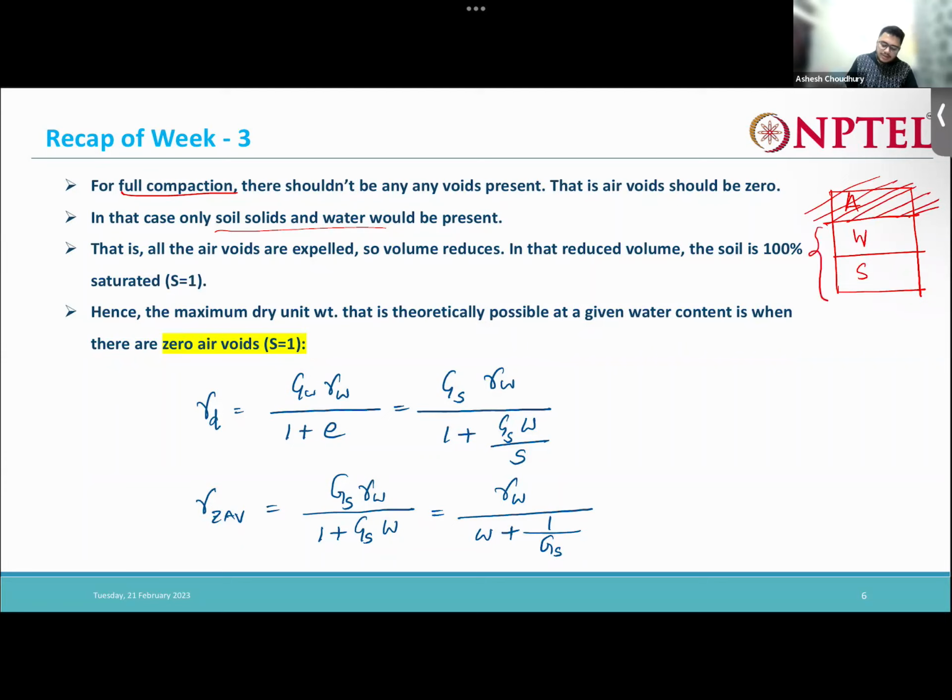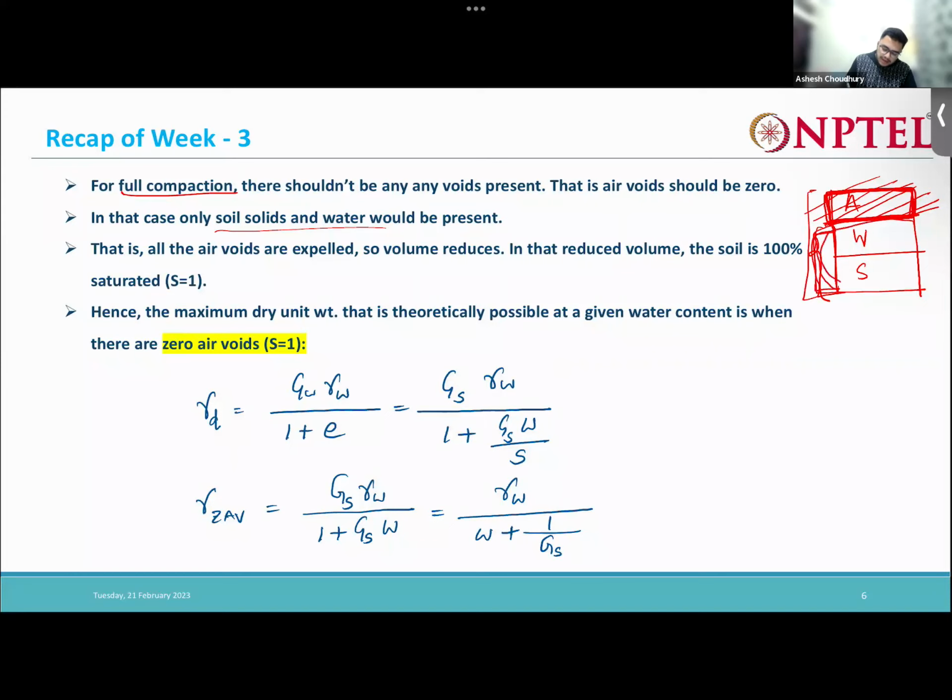Only soil and water are in your system, right? So this much volume is totally expelled, you are totally taking it out of your soil. So the volume reduces. Volume was initially this much, so it will reduce to this much.